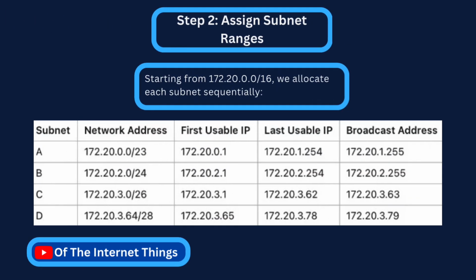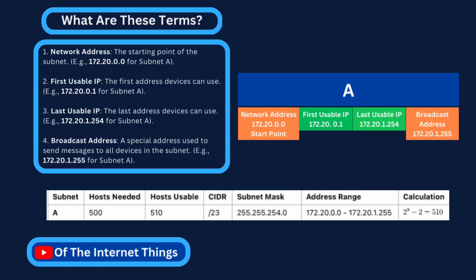Step 2. Assign subnet ranges starting from 172.20.0.0/16. We allocate each subnet sequentially. What are these terms? 1. Network address, the starting point of the subnet, e.g. 172.20.0.0 for subnet A. 2. First usable IP, the first address devices can use, e.g. 172.20.0.1 for subnet A. 3.